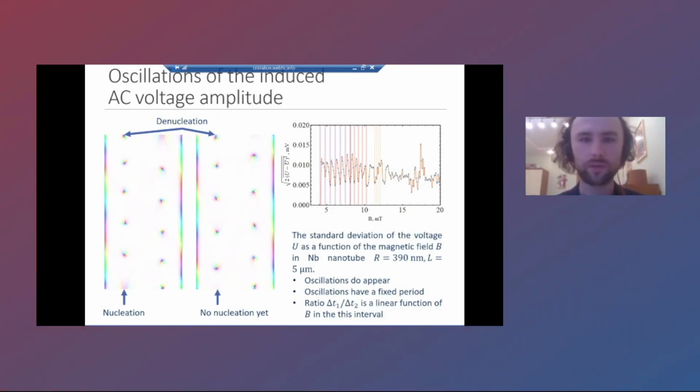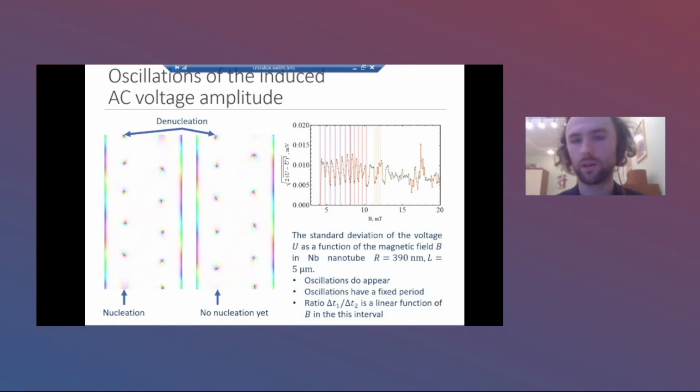It means that if we plot the standard deviation of the induced voltage as a function of the magnetic field, we can expect some oscillations in the amplitude of this alternating component itself.